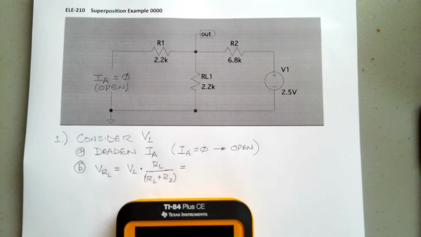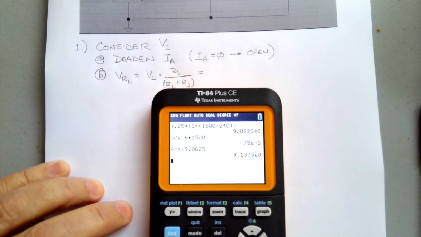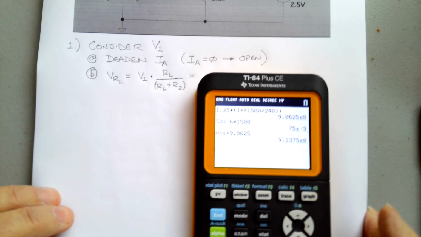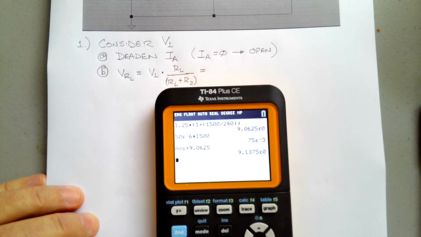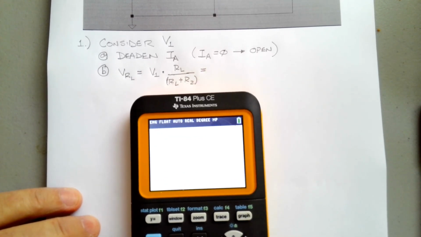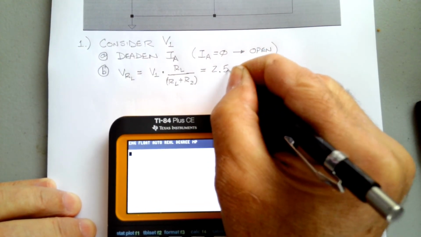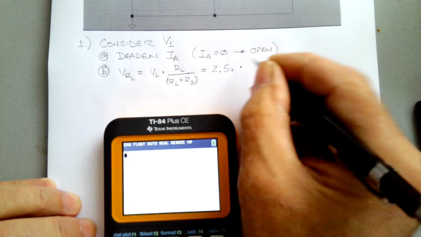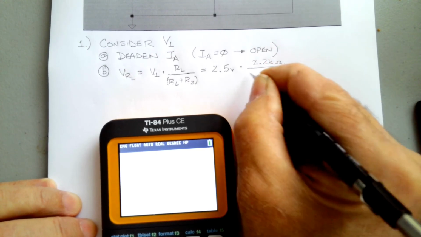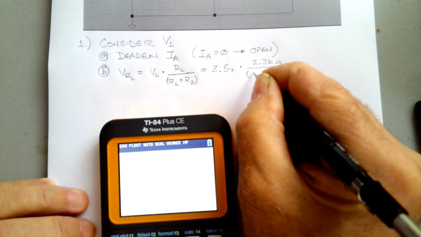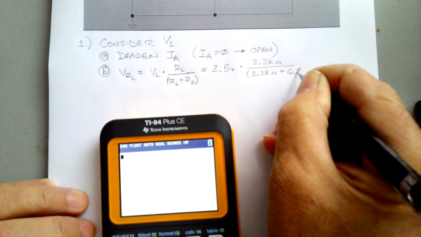We'll do that here, if I can manage this correctly. Okay, there we go. So this guy is going to be equal to 2.5 volts times, we have a 2.2K load resistor, so that's 2.2K ohms over 2.2K ohms plus 6.8K ohms.